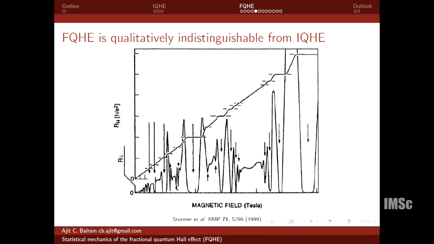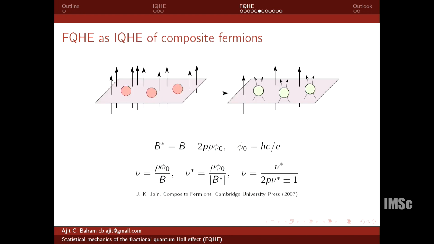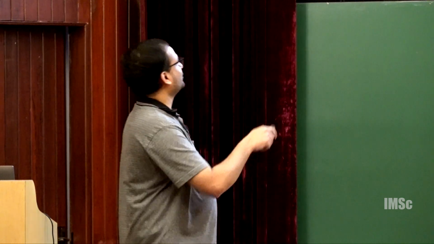So my advisor ended up asking this question of, can we unify these two together? So can the fractional quantum Hall effect be understood as the integer quantum Hall effect of certain emergent particles? And the answer turns out to be yes, in terms of what are called composite fermions. So composite fermions are electrons bound to 2 flux quanta or 2 vortices. So you have a system of electrons in a large magnetic field.